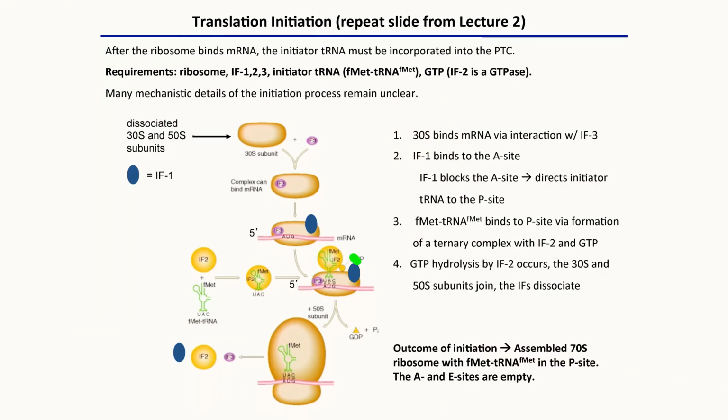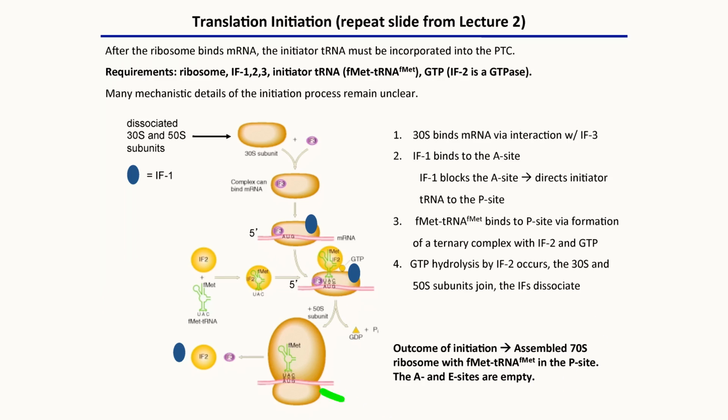We see that initiator tRNA binding to the P site, and this happens via formation of a ternary complex with IF2 and GTP. So initiation factor 2 hydrolyzes GTP. There's an event that results in joining of the 2 subunits, and there has to be dissociation of these initiation factors for the ribosome to be ready to accept its first aminoacyl tRNA in the A site.